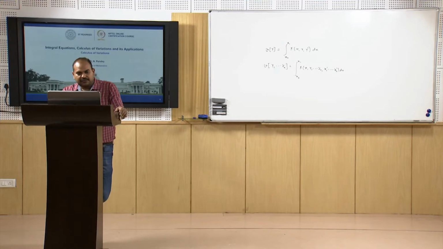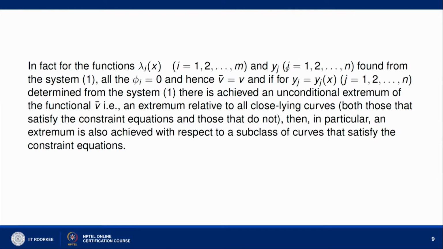So it means that if we solve the system 1, and we get lambda i and yj, and if yj extremize the functional v bar, then this v bar is reduced to v with this choice, and we can say that the extremal curve yj will also be extremal curve for v, because if extremum is achieved for v bar, which is on the class of all close-lying curves that satisfy the constraint equations or may not satisfy the constraint equations, then in particular an extremum is also achieved with respect to a subclass of curves that satisfy the constraint equations.